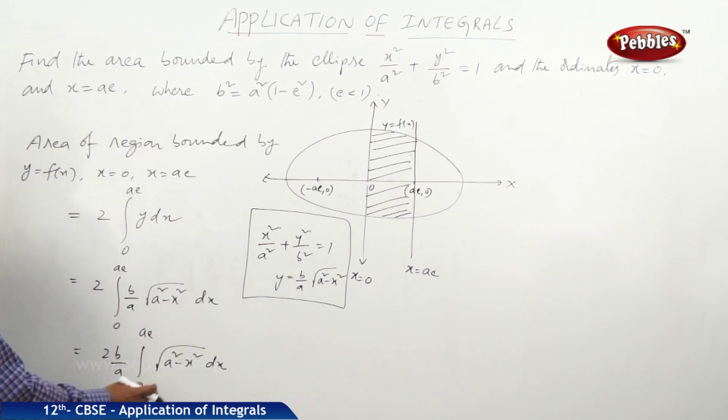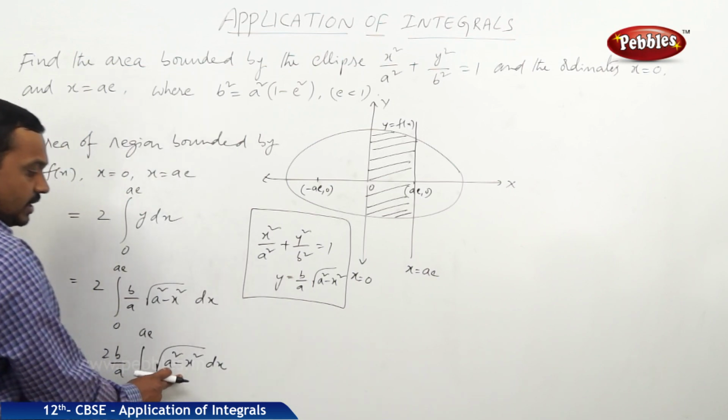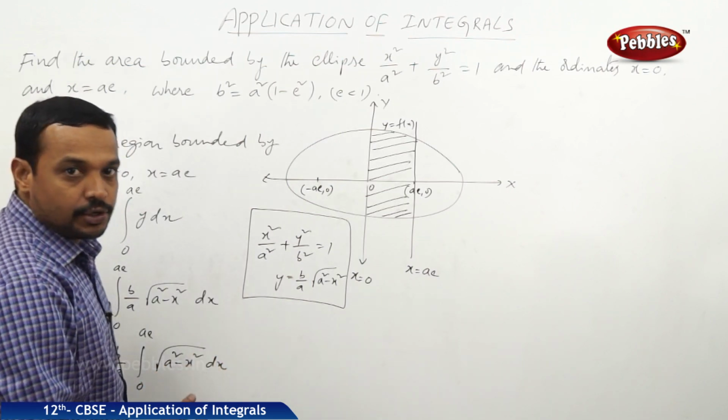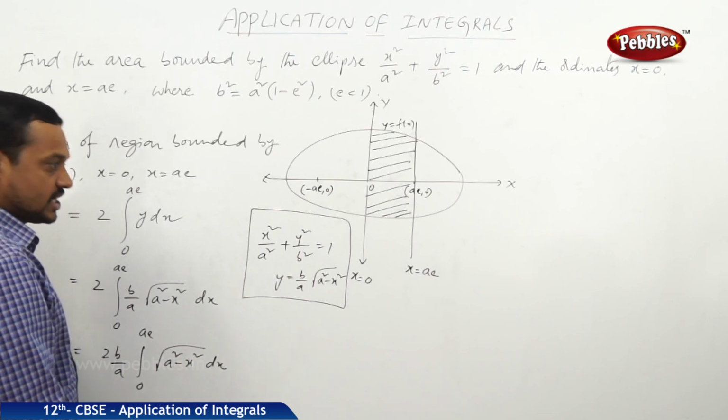Once again, the integration of root a square minus x square is given by x by 2 into root of a square minus x square plus a square by 2 into sin inverse x by a.